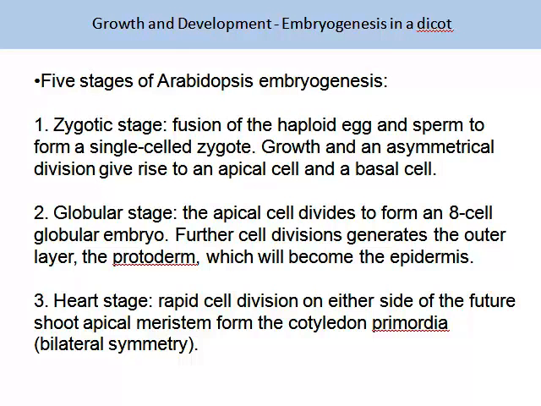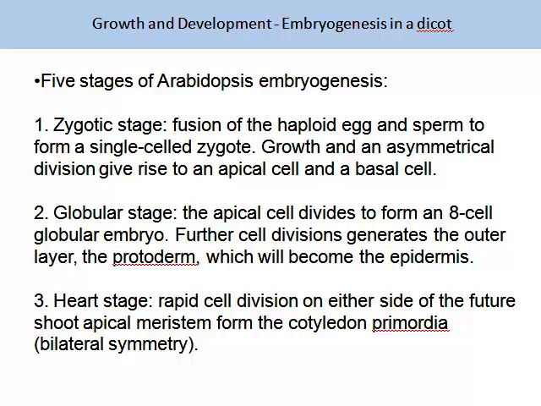Arabidopsis is a small plant used by many plant scientists as what we call a model plant. That is, a lot of time and research funds have been spent on identifying components and physiology of this plant. This is then related to the rest of the plant kingdom.